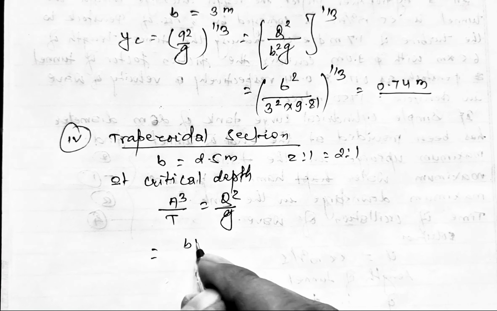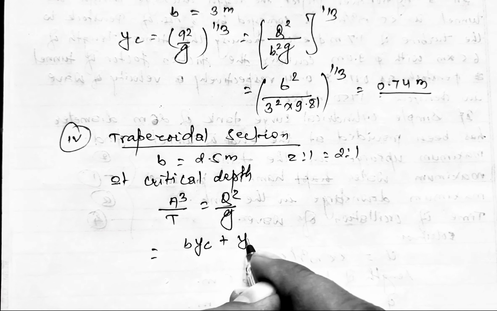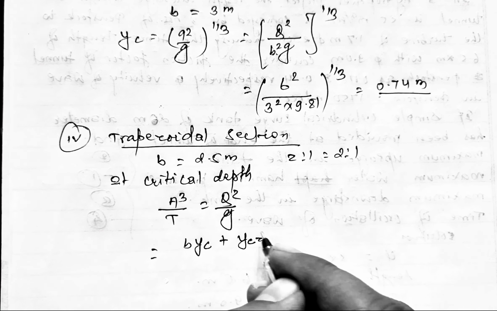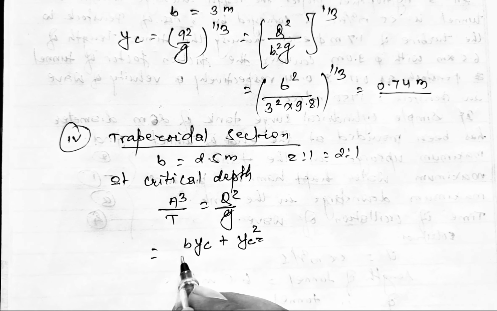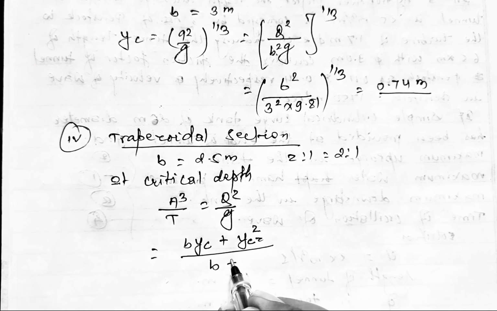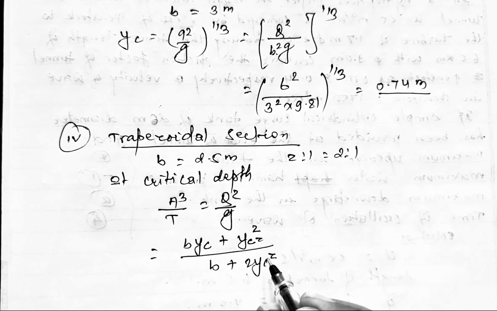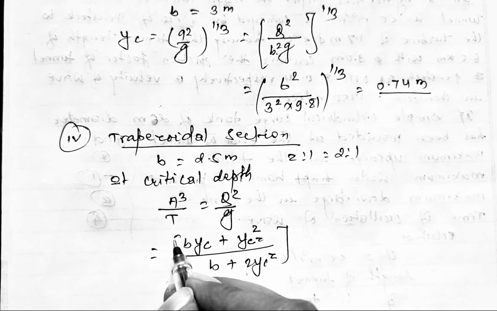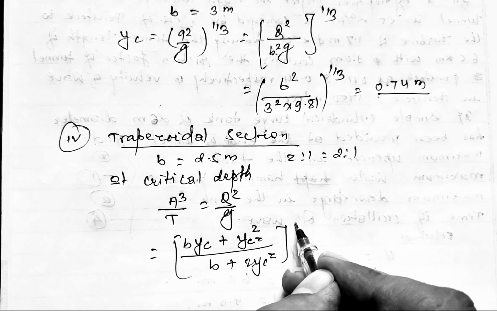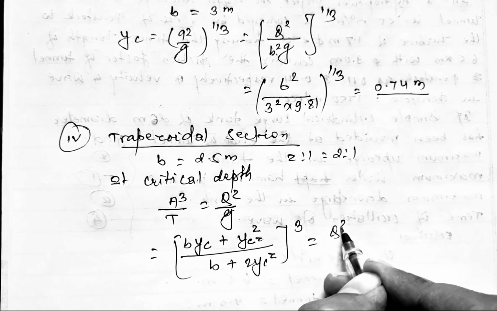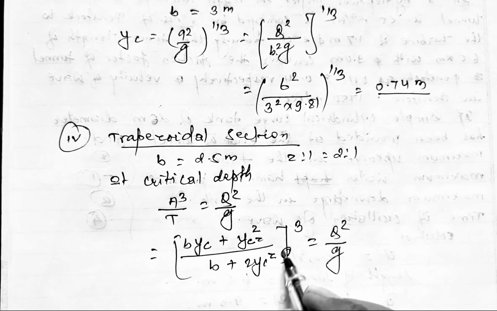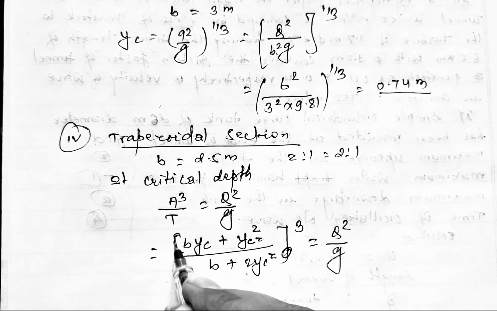The area A can be written as b yc plus yc z whole square, divided by b plus 2 yc z.